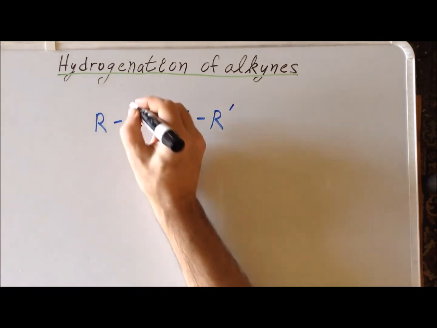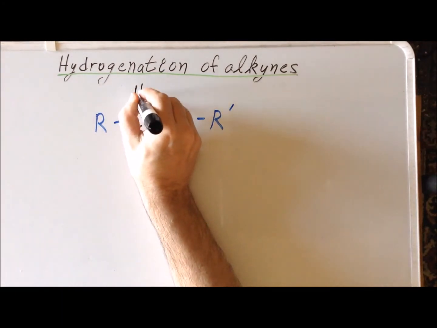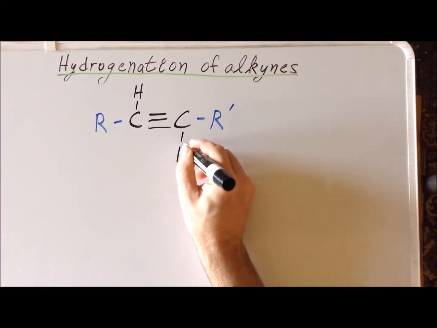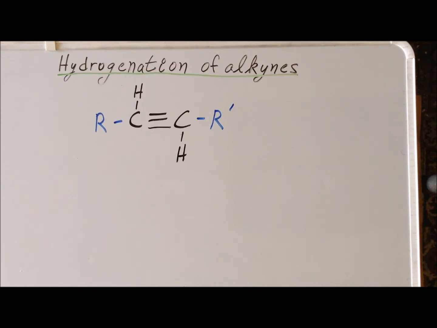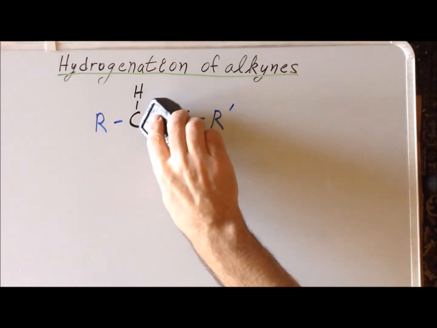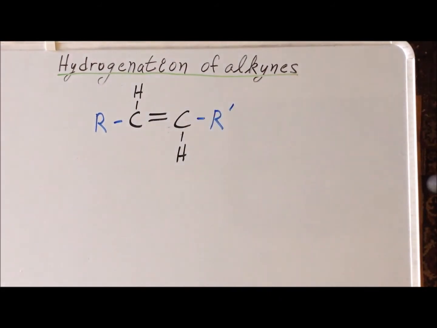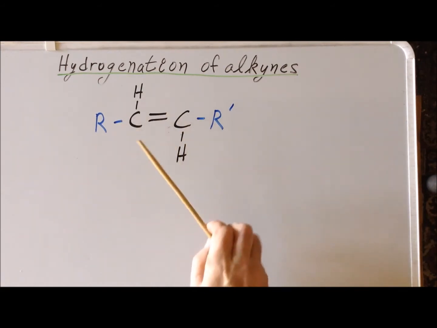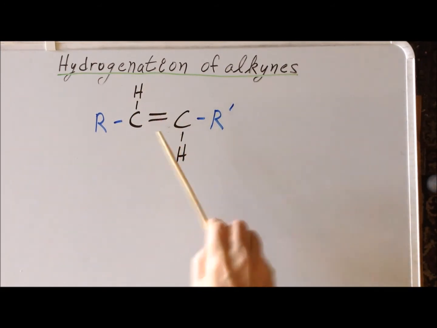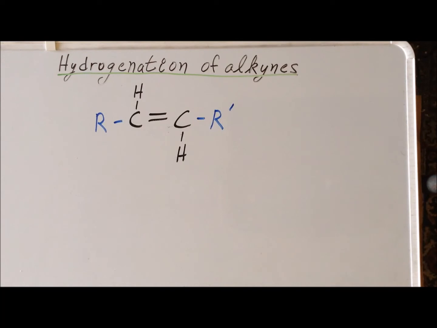But suppose what we want to do is have the hydrogen atoms add to opposite sides of the carbon-carbon triple bond, which then becomes a carbon-carbon double bond. So recall that when we have an alkene, we have a carbon-carbon double bond, we don't have free rotation around this bond. So if the hydrogens are on opposite sides, we have the trans isomer that will stay like that. It won't interconvert to some other isomer.